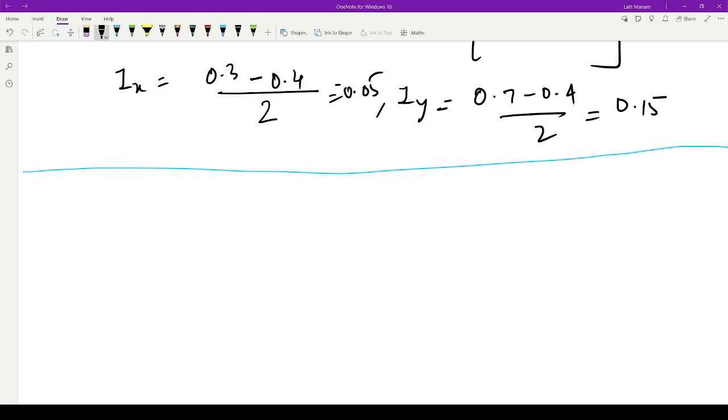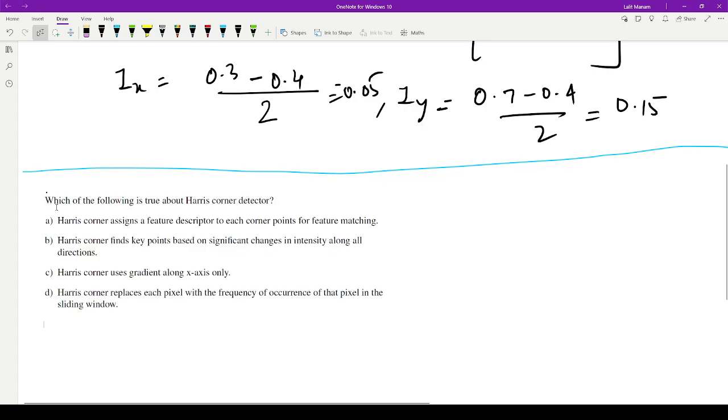So the next question is somewhat related to what we saw in the last few lectures. Which of the following is true about Harris corner detector? What is Harris corner detector?